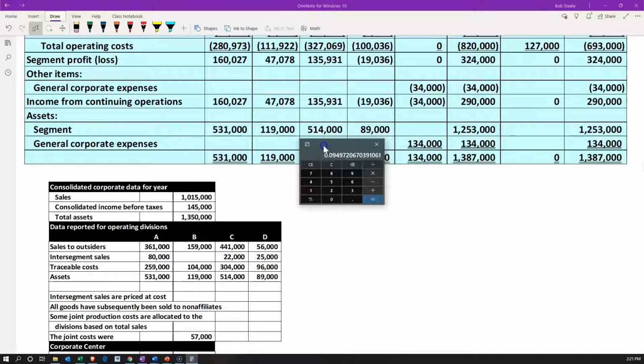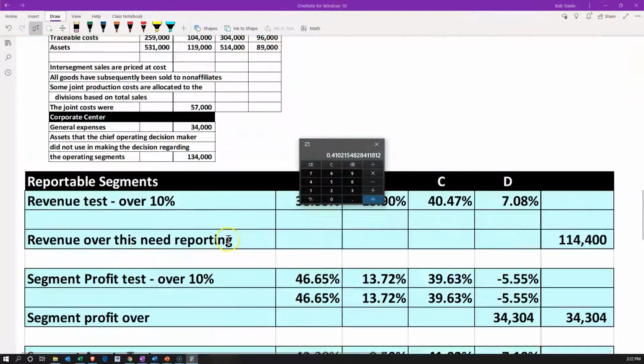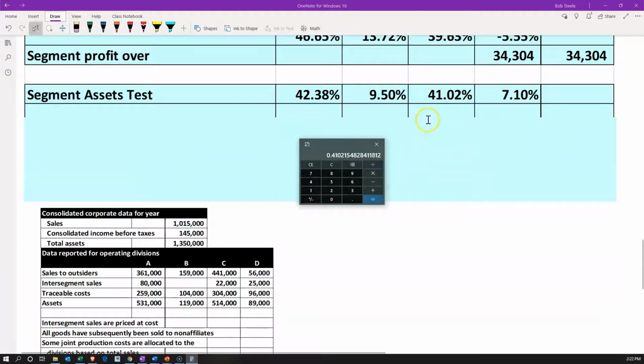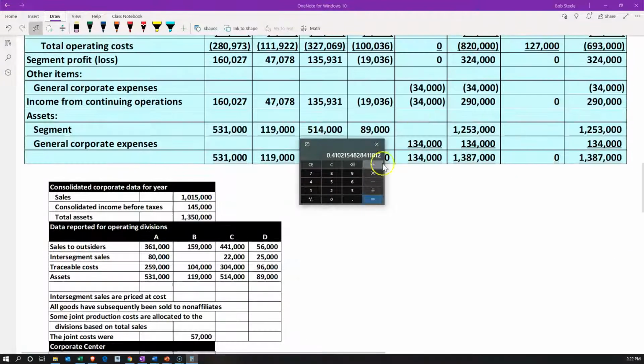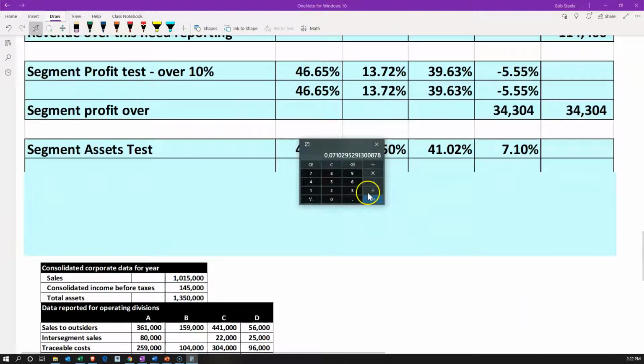So then the next one is going to be the 514,000 divided by the 1,253,000. That's going to be the 0.41. And then we have the last one, which is the 89,000 divided by the 1,253,000. And we got the 0.07. So that doesn't meet it as well.